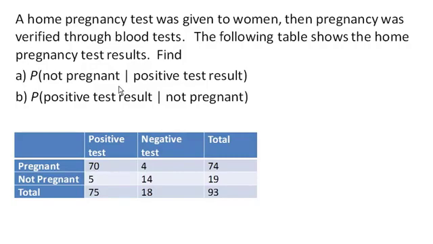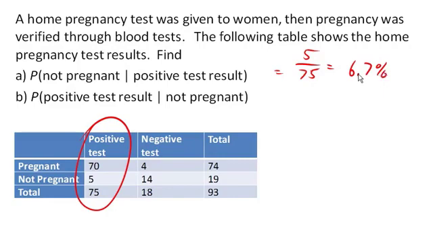Here, we're given that we have a positive test result, so we're limiting ourselves to these 75 people, and of them, 5 are not pregnant, and that's about 6.7%. So there's about a 6.7% chance that this person's not actually pregnant, given that they have a positive test result.